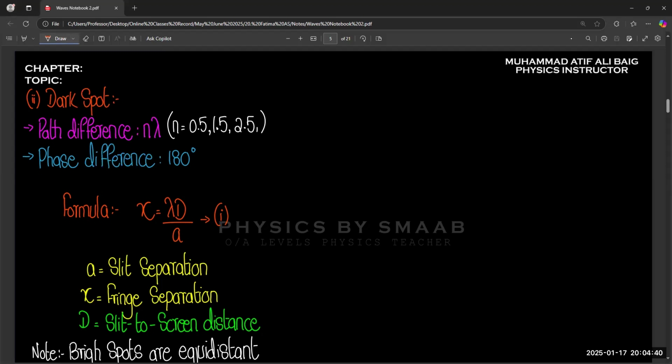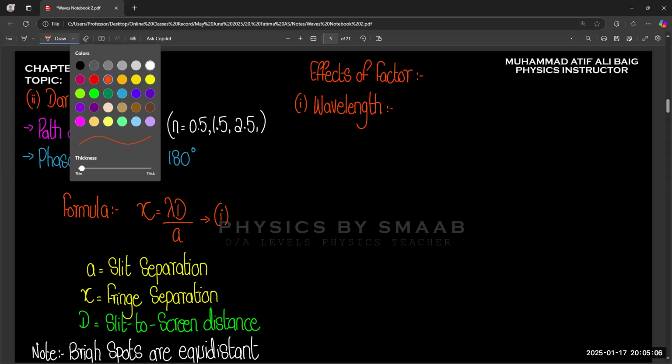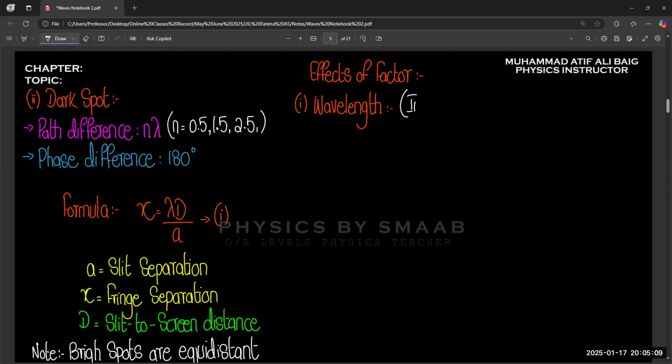So the first effect is due to the wavelength. For example, if we increase the wavelength, normally they ask questions about three factors. So we need to discuss three factors.